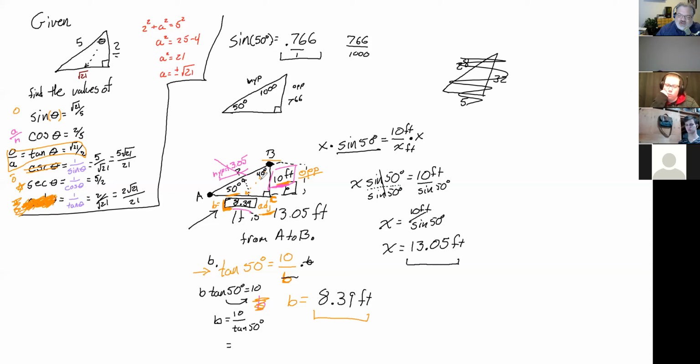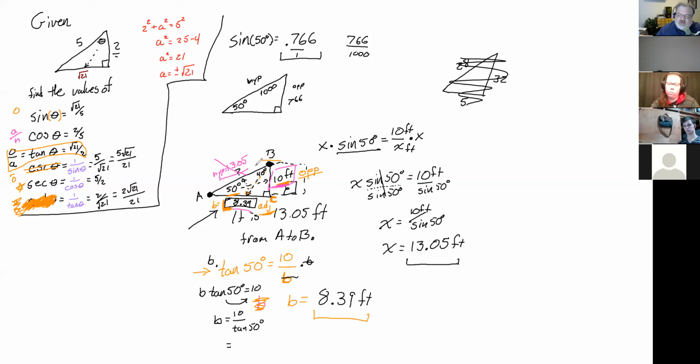Remember, these two angles have to add up to 90 degrees, right? Or if we were in radians, they'd have to add up to pi over 2. So this 40 is a smaller angle than that 50. Thus, that 40 creates a shorter side than this 50 creates.